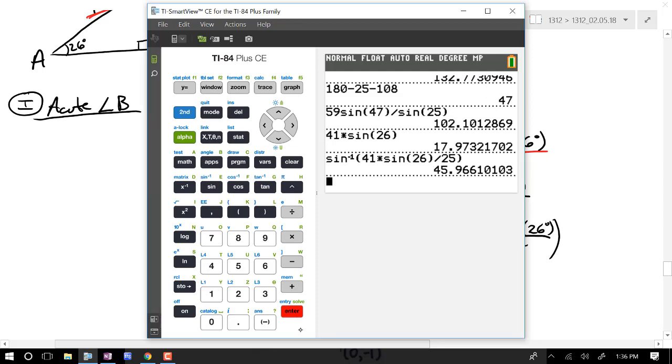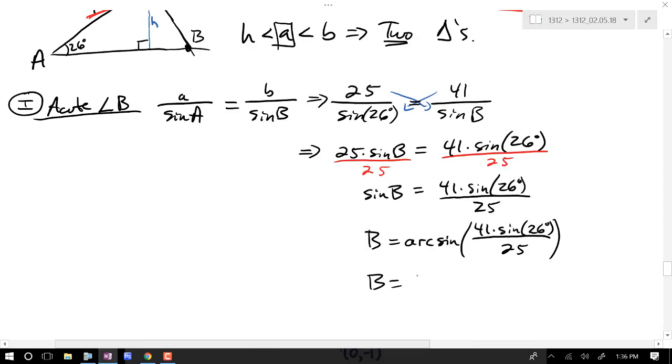So 45.97 degrees, or I guess we could call that 46.0 for rounding to the nearest tenth of a degree.